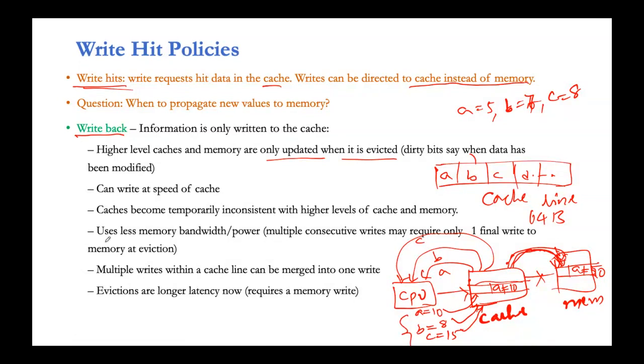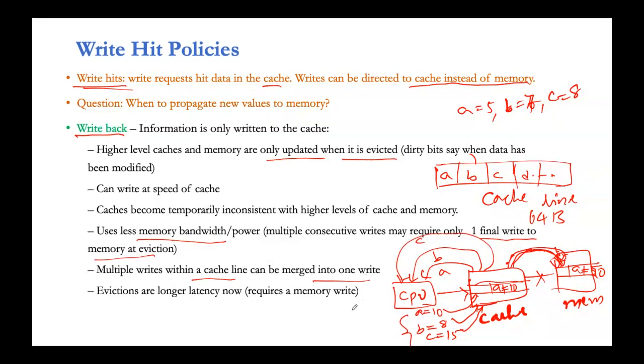That's why it uses less memory bandwidth or power, because multiple consecutive writes may require only one final write to your main memory at the eviction. So multiple writes within the cache line can be merged into only one write.